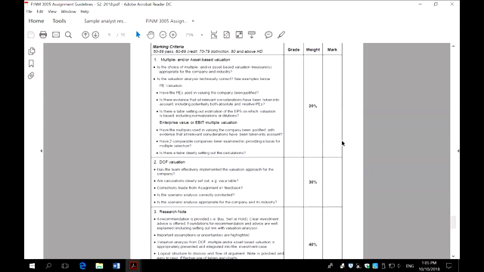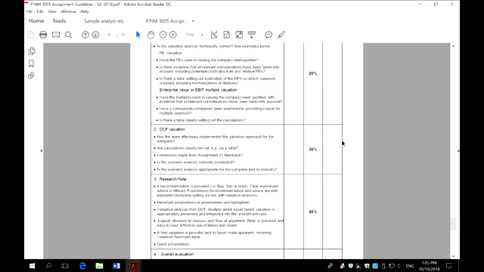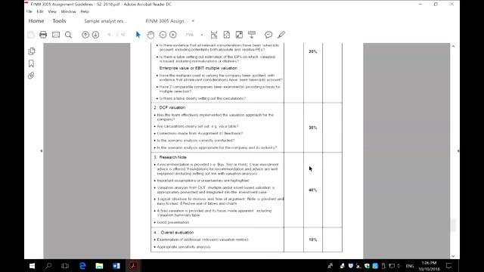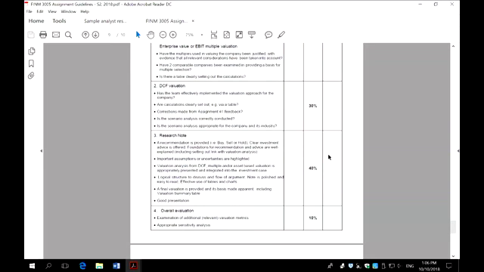With that 30%, you have 20% from the multiple or asset-based evaluation, 30% still related to your DCF valuation model, and the largest weight is actually on the research notes. So it's the written form of communication of your valuation to your readers.